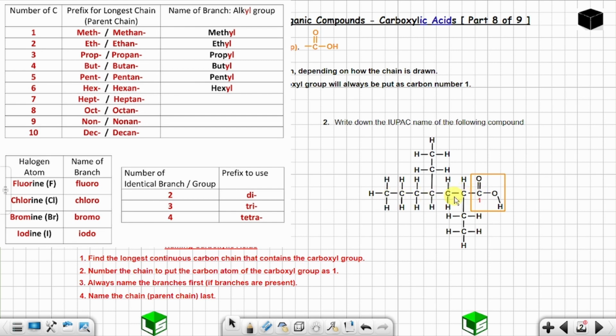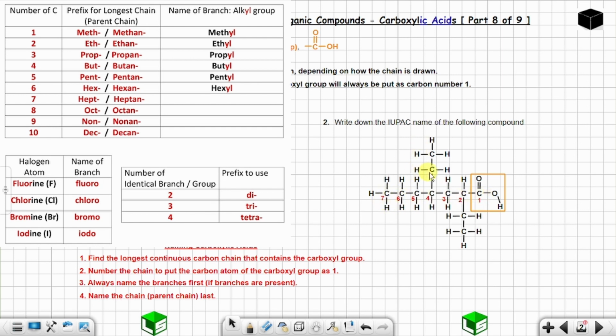The longest is made up of 7 carbon atoms, so this is the longest. Number the chain to put the carbon atom of the carboxyl group as 1: 1, 2, 3, 4, 5, 6, 7.